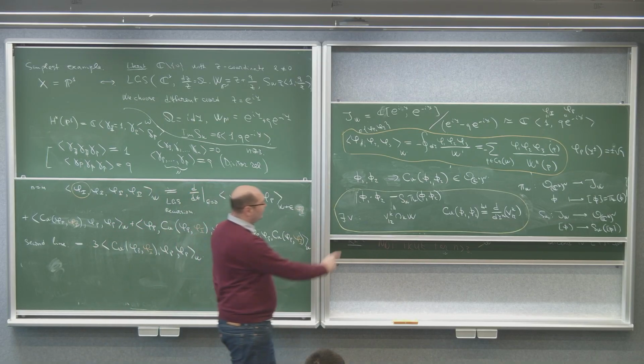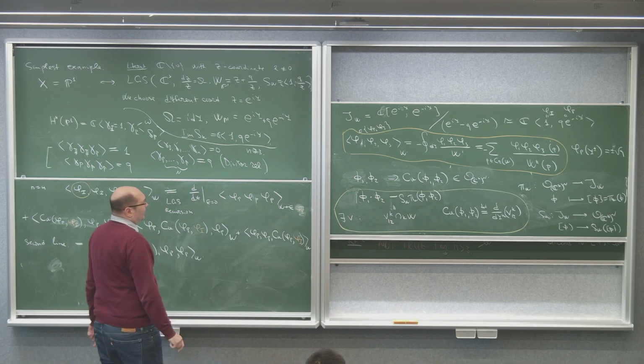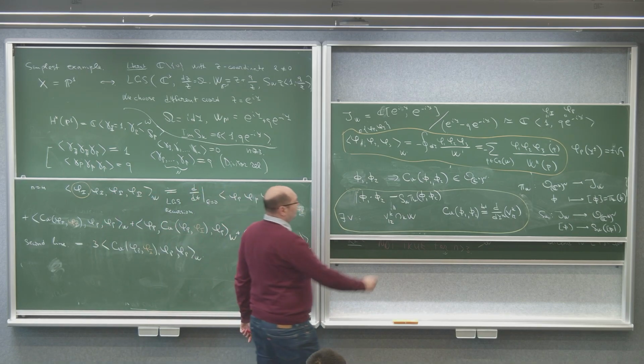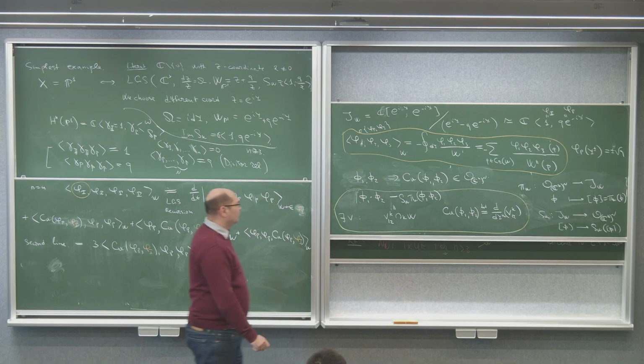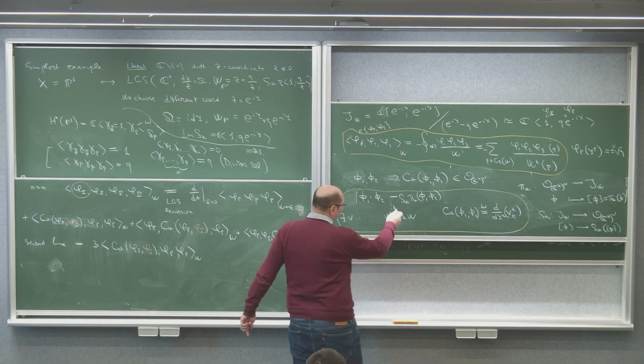So we take a pair of functions, multiply them, and subtract the good section applied to the class of the product, which is the product of classes.